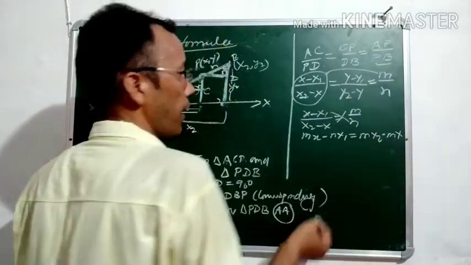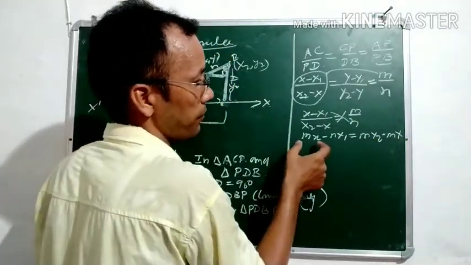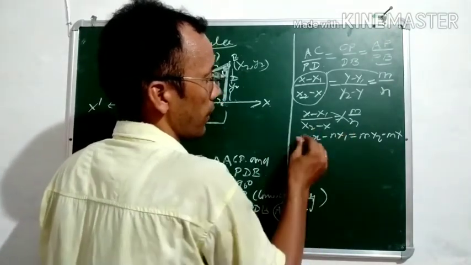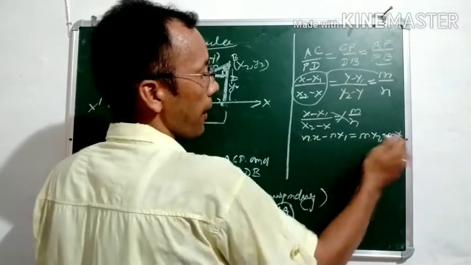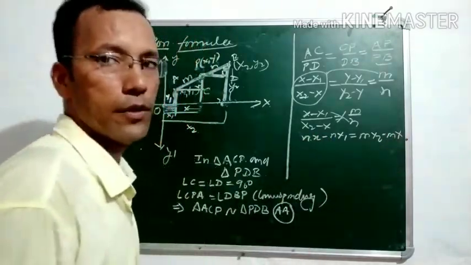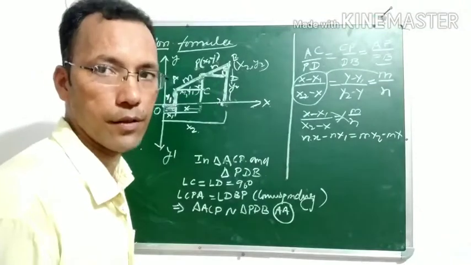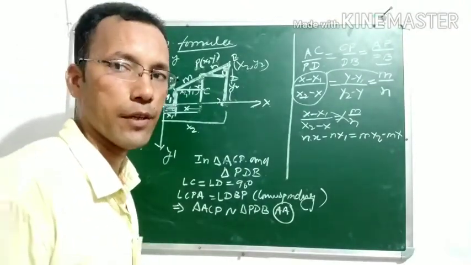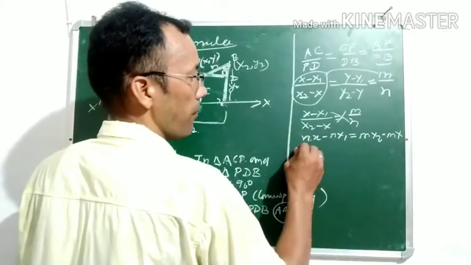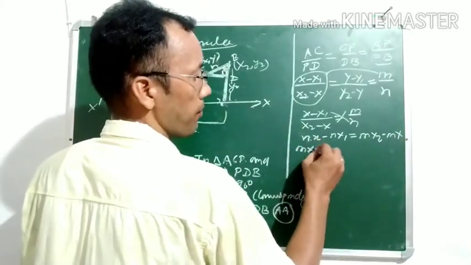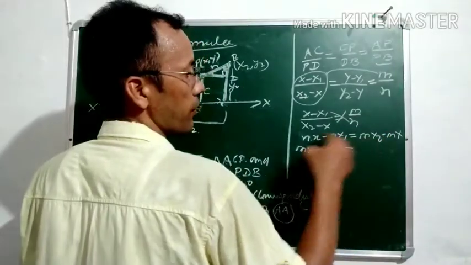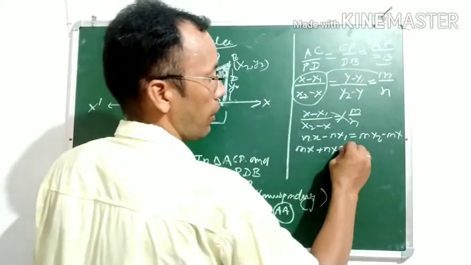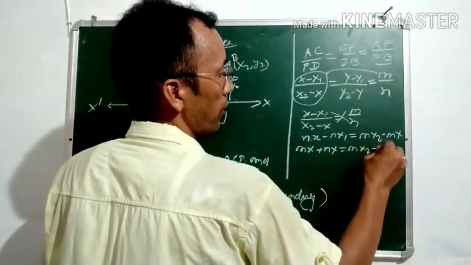Since x is common, let's bring the terms with x to the same side: mx plus nx, transferred to the left hand side, becomes positive, is equal to mx2 plus nx1.